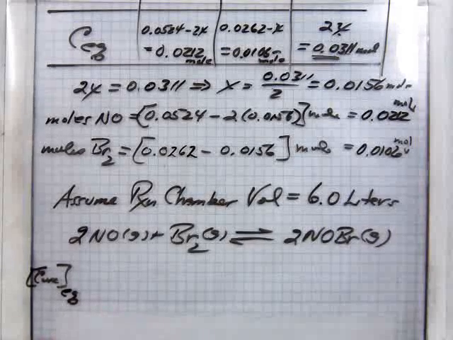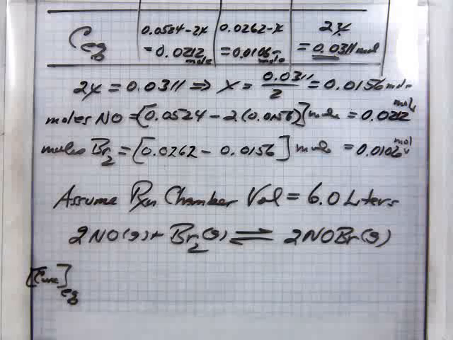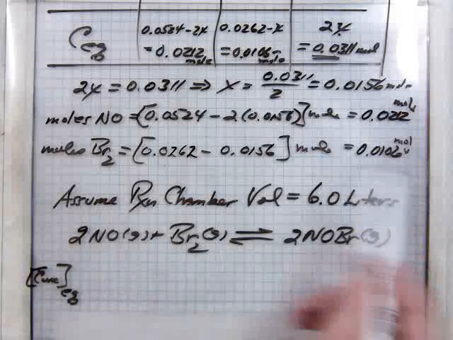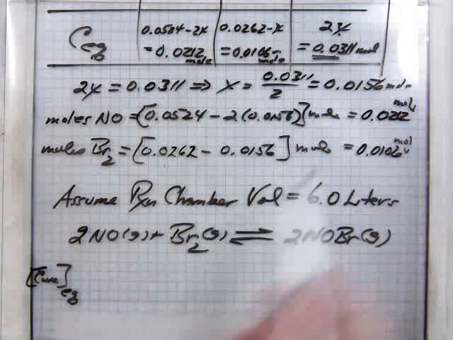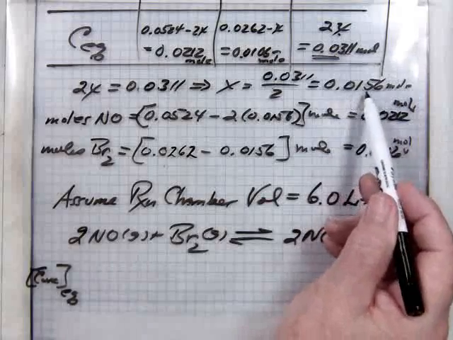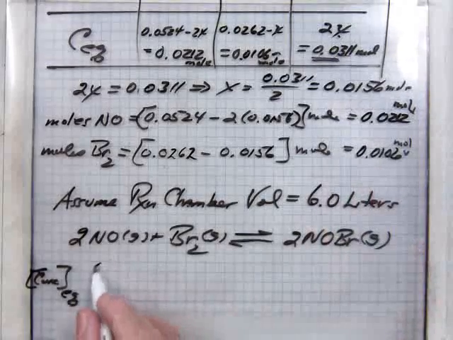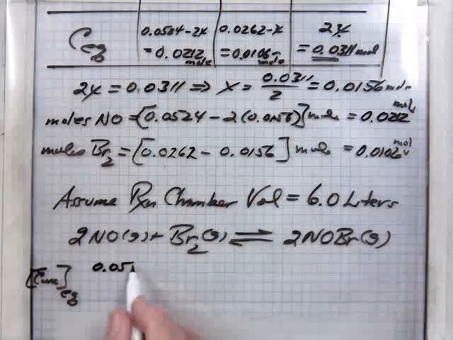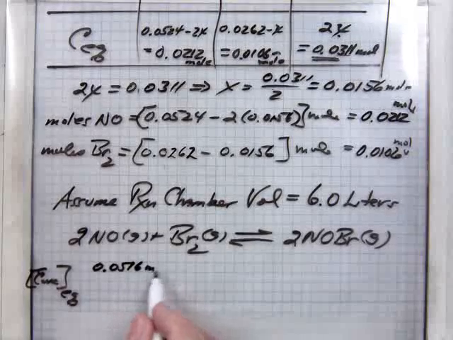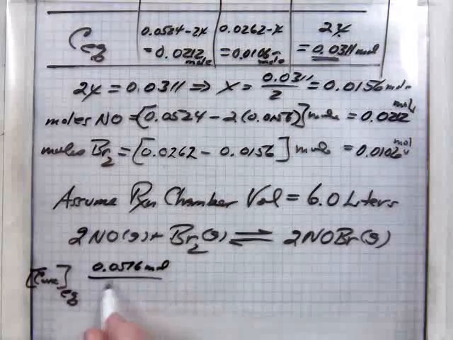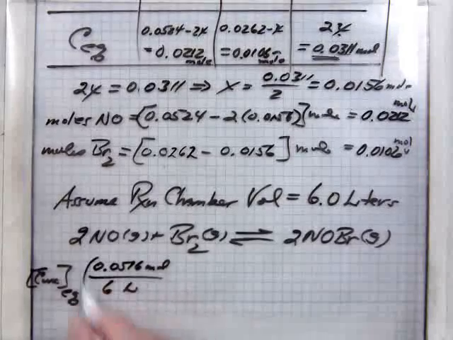At equilibrium would be the moles that we calculated in the ice table divided by the total volume. And so that would be for nitrous oxide, 0.0156 mole divided by 6 liters.